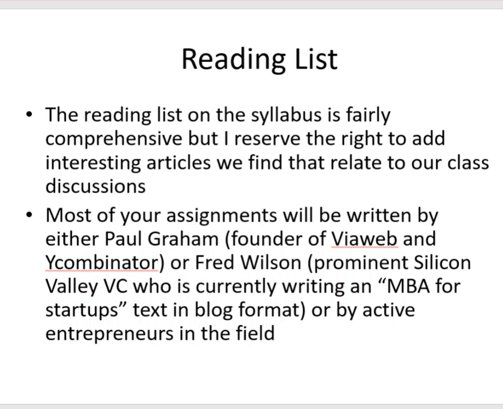He did a series over 2012-2013 that he called MBA Mondays for his personal blog. The idea was, if you don't have an MBA, what are the things that MBAs know that you need to know to be a startup entrepreneur?